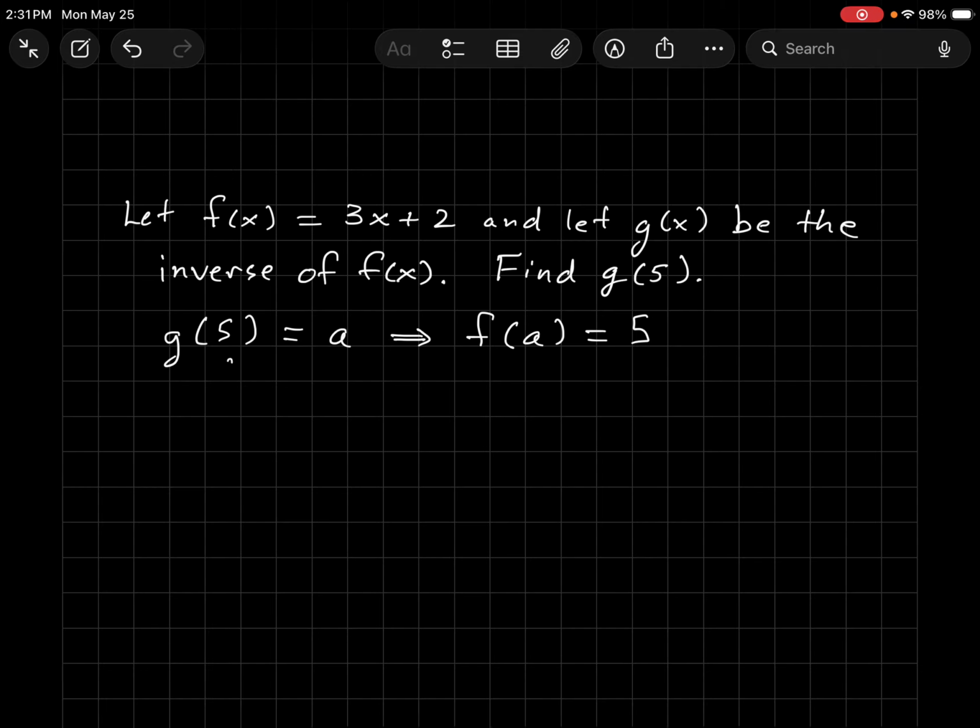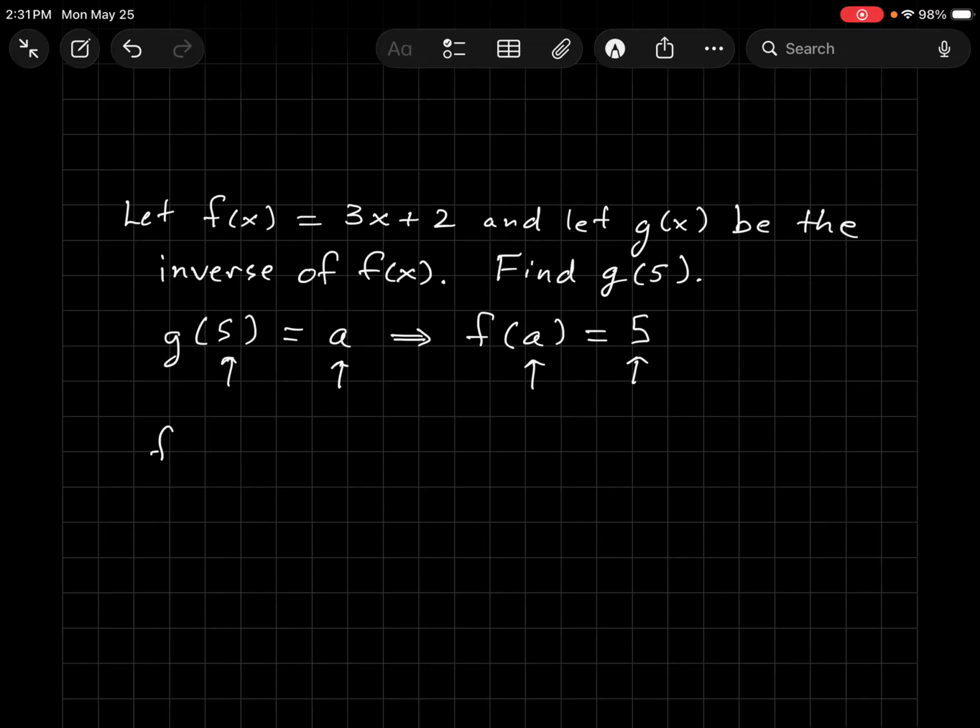So the x value in the g function becomes the y value in the f function. And the y value in the g function is the x value in the f function.